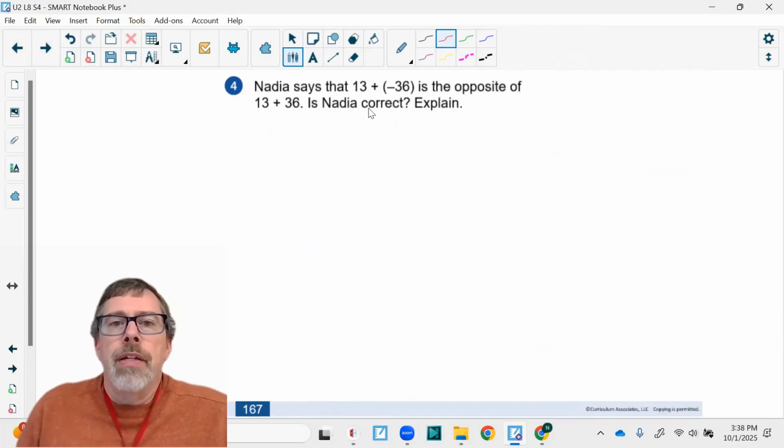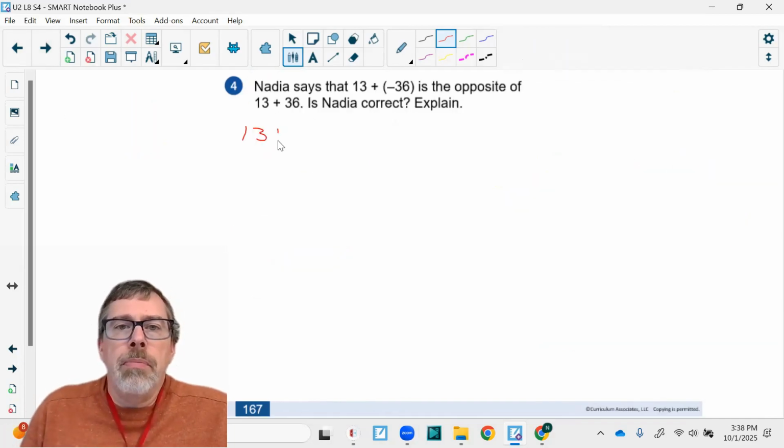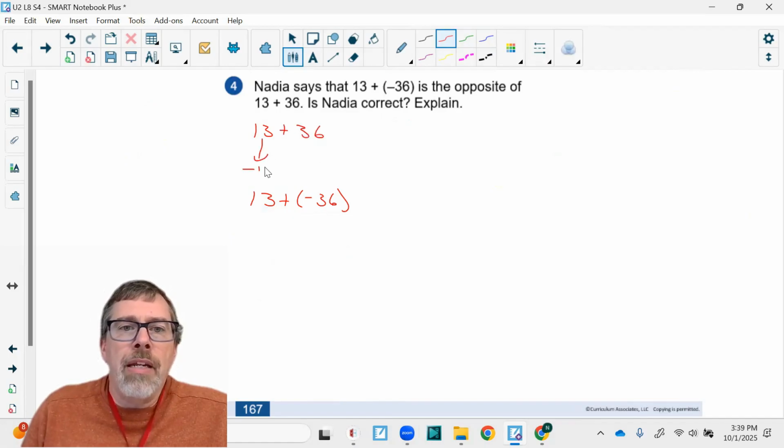Number 4. Nadia says that 13 plus a negative 36 is the opposite of 13 plus 36. So let me move that down. 13 plus 36. Well, the opposite of 13 is negative 13, so that's incorrect.